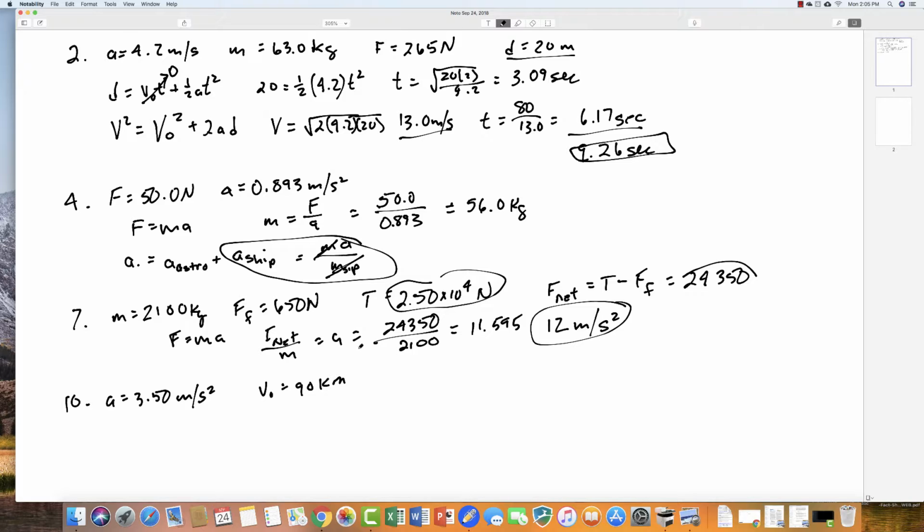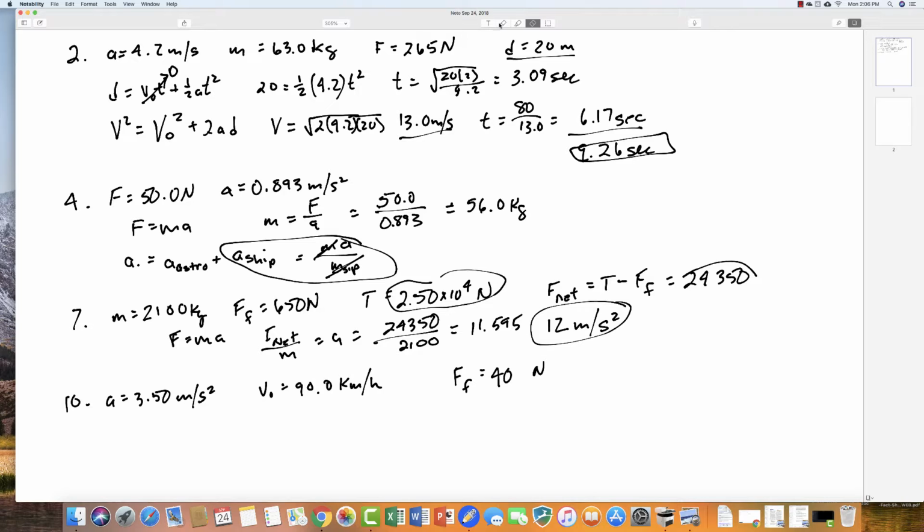Actually, let me change that and put that down as 90.0 kilometers per hour so we don't lose track of our significant figures. At that speed, the forces resisting motion, including friction and air resistance, total, and I'm just going to put this as FF, 400 newtons.